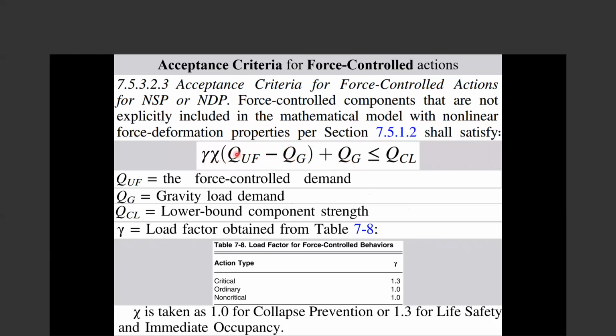Then this part we need to put some modification factor on, and this modification factor shouldn't be applied to gravity load. So we should reduce the gravity load, put that modification factor on that part, and then add the gravity load again to this one. So this part, before we didn't have that. It was just this with this, and it was controlling the demand with the capacity. But now they put two factors.